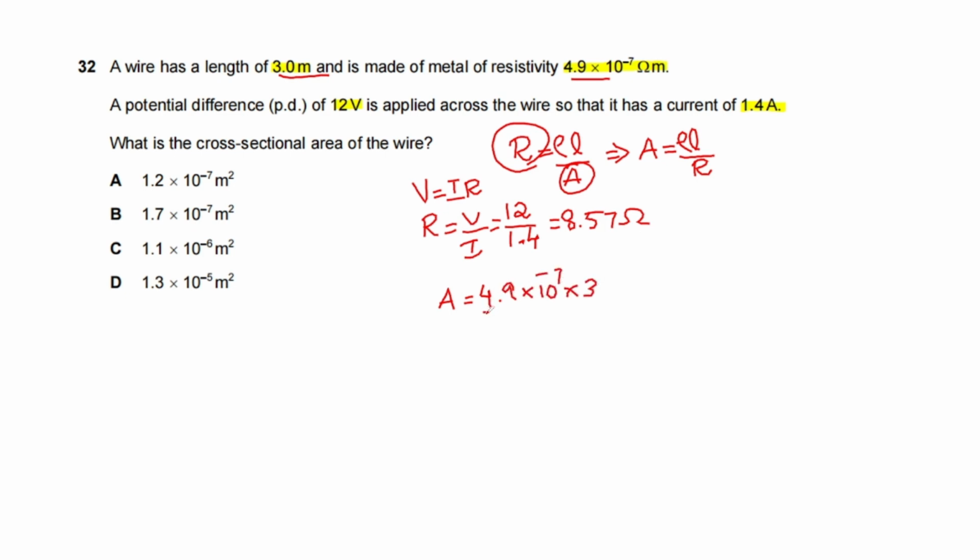Multiplied by 3 divided by the resistance value that you calculated, 8.57. Do the calculation and you will get 1.7 times 10 to the power minus 7 meters squared. So for question number 32, the correct option is option B.